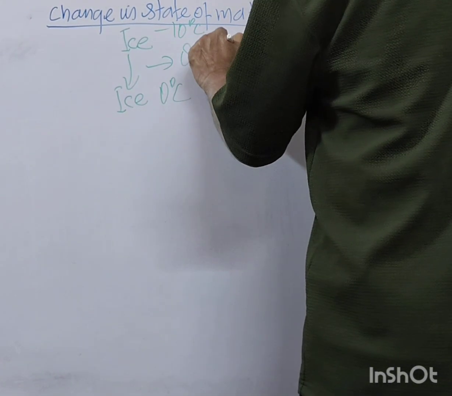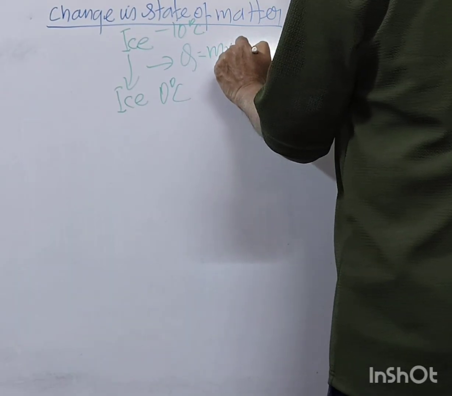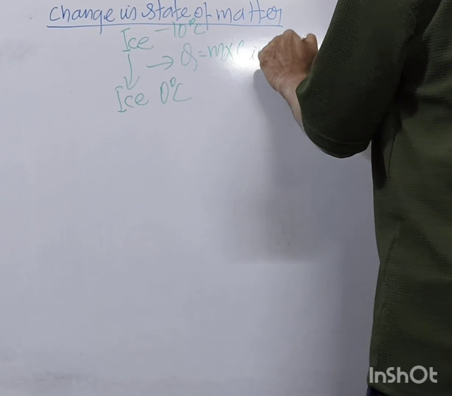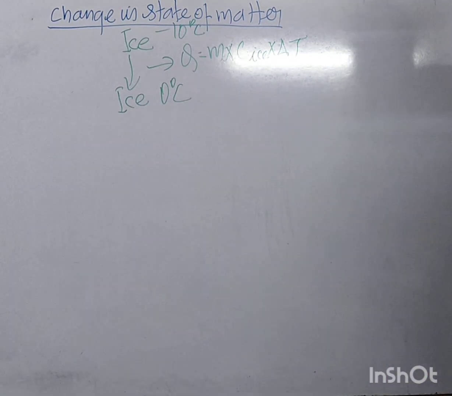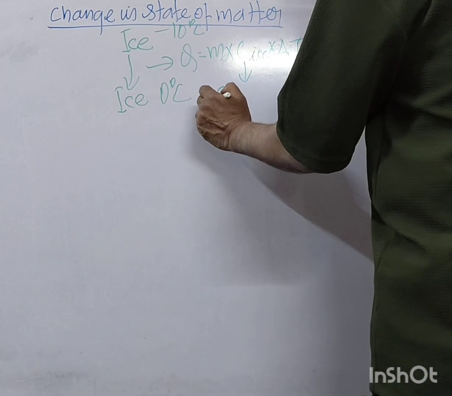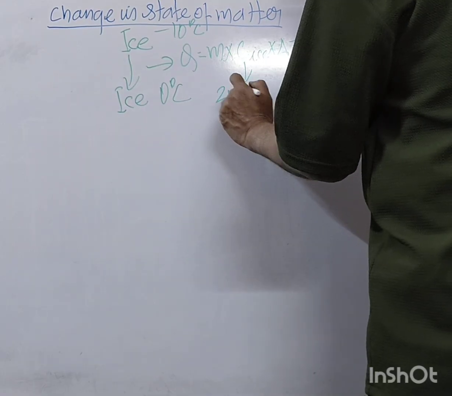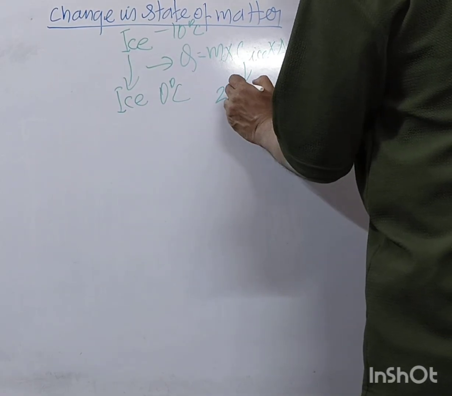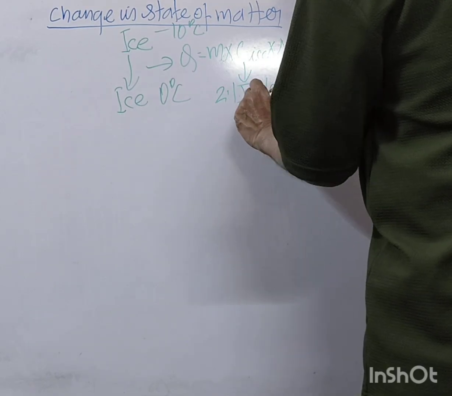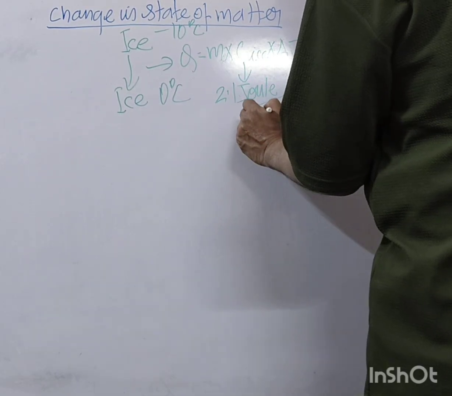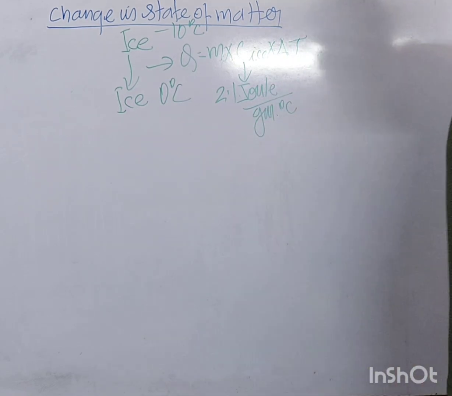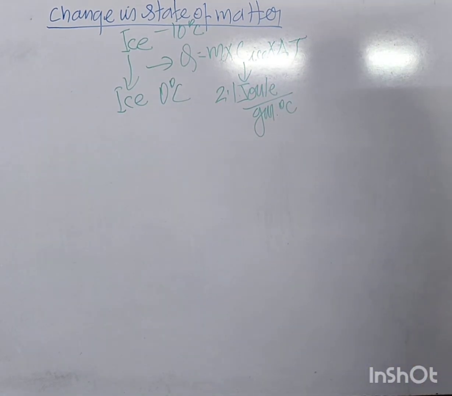M into C, specific heat capacity of ice, into delta T. Specific heat capacity of ice is 2.1 joule per gram per degree Celsius, right?